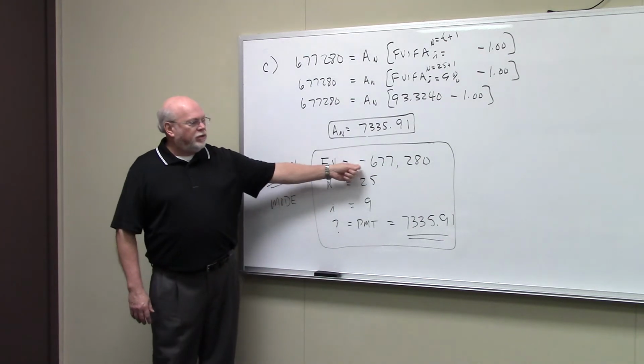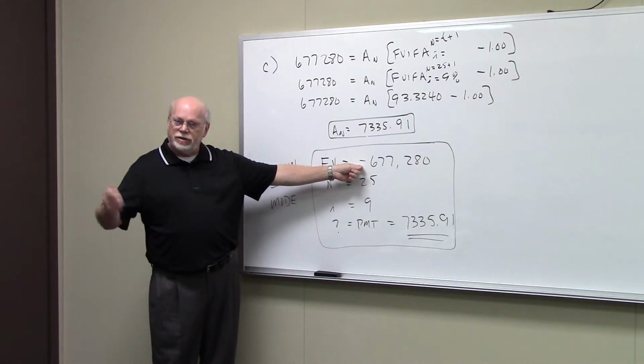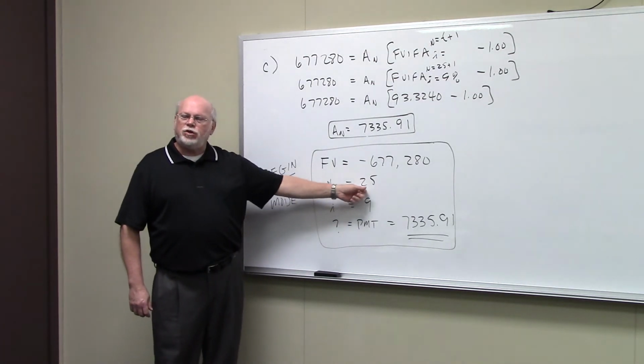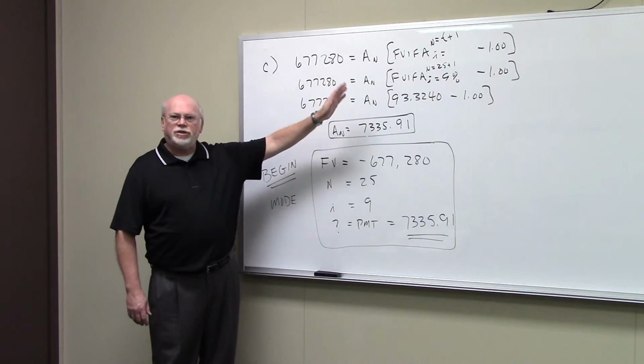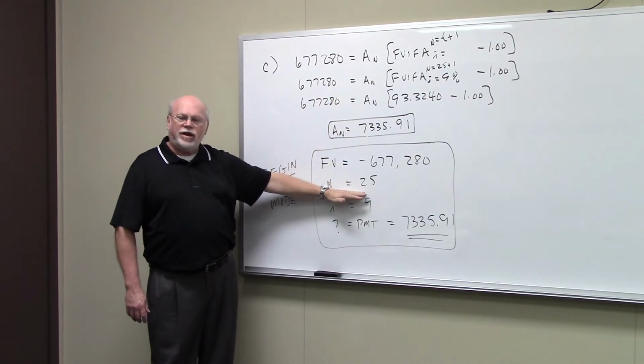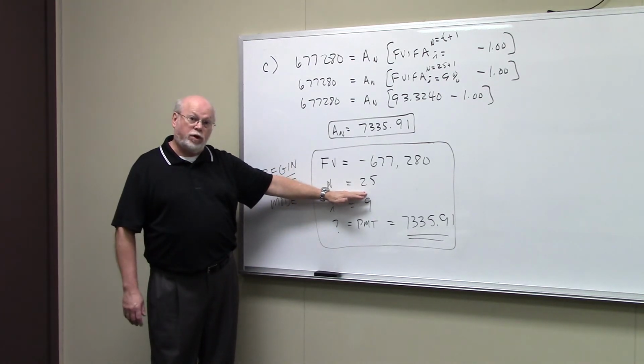The future value is where I put what he's going to need, which is a negative $677,280. That's what the house is going to cost 25 years from now. Note now, we just put in N equal to 25 because that's how many payments we're going to make. All this adjustment stuff up here, that's if you're doing it by hand. Your calculator, when you put it in begin mode, automatically does the adjustments for you.